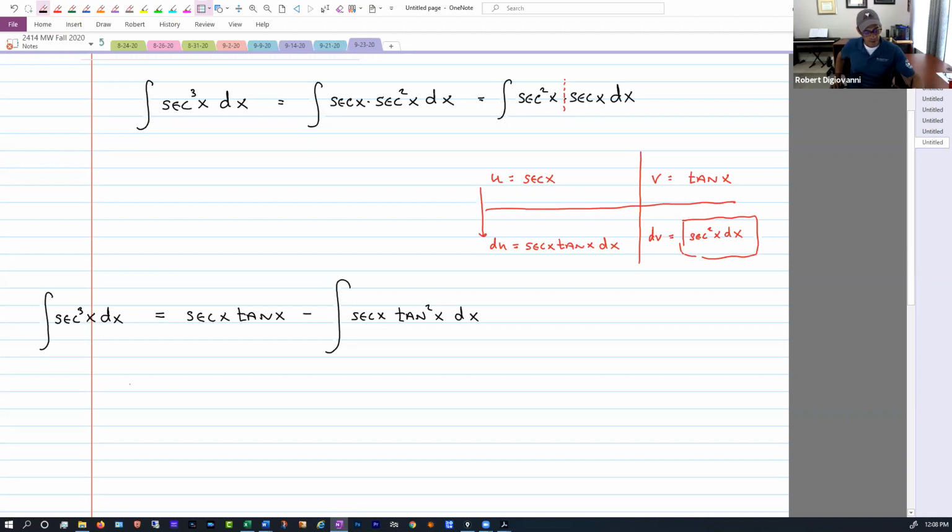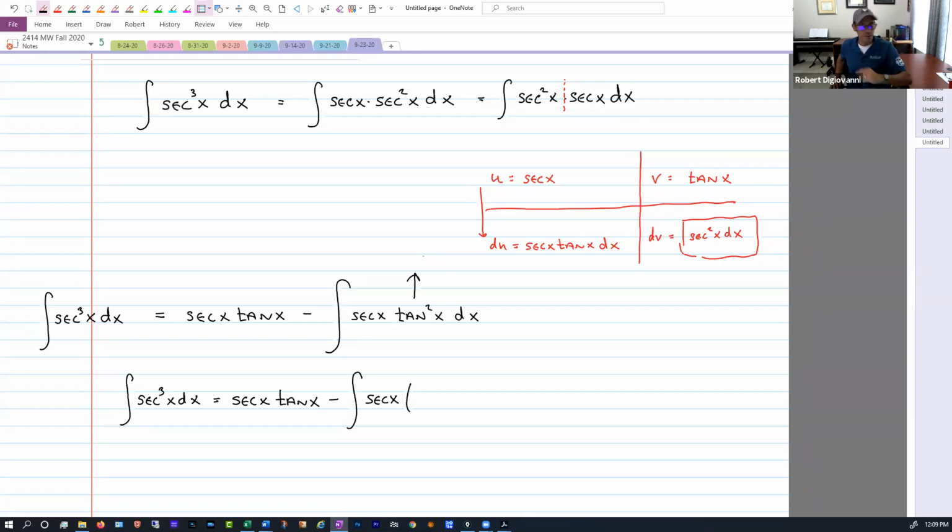Let's write that down. The original integral is equal to secant x tangent x minus the integral of secant x, and then we're rewriting tangent squared x using the Pythagorean identity. So you have to go back and look at the Pythagorean identity.